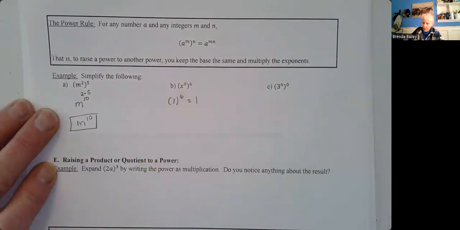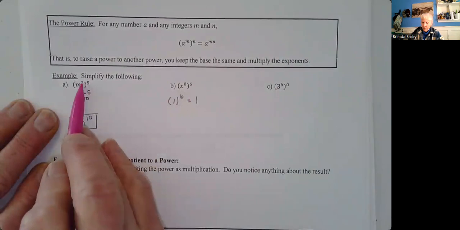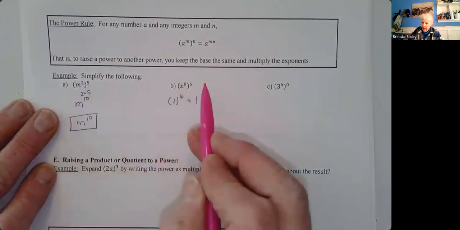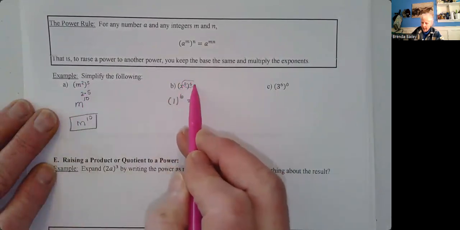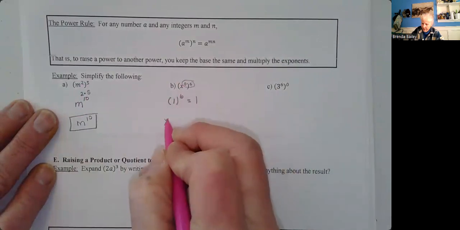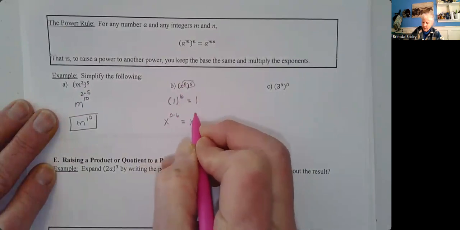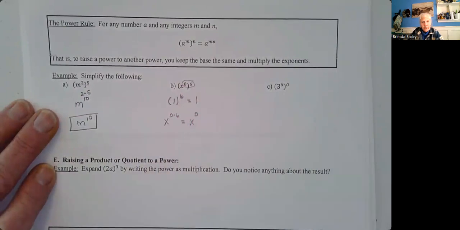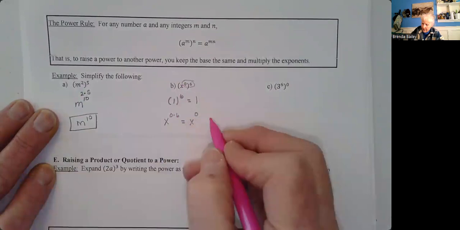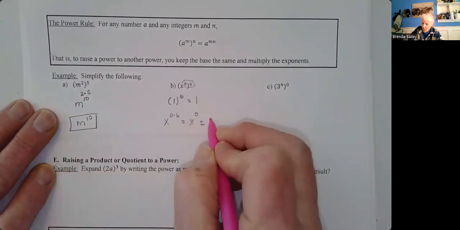Or going back to this rule of multiplying these, 0 times 6 is x to the 0, because 0 times 6 is 0, and anything to the 0 power is 1.